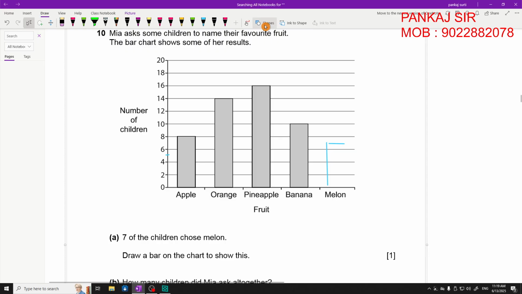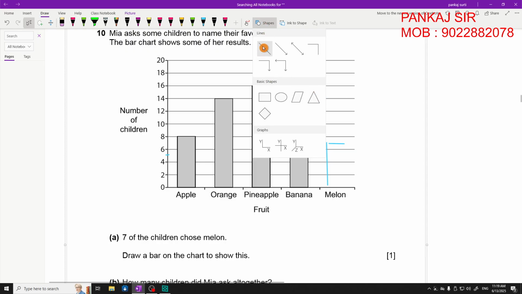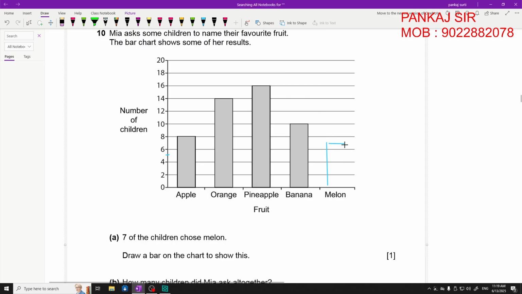Fine. To some extent, it is okay. So it has to be between 6 and 8, which is 7.